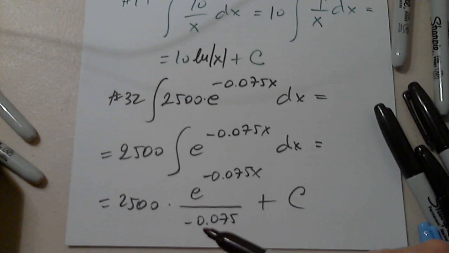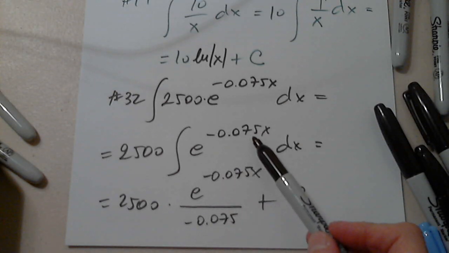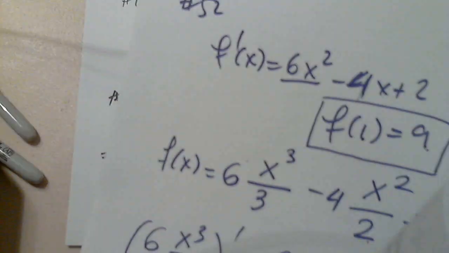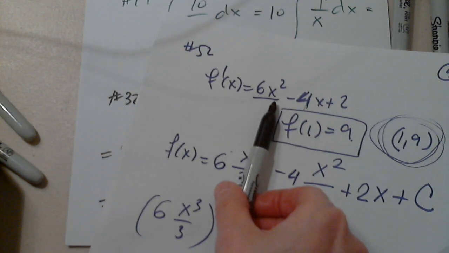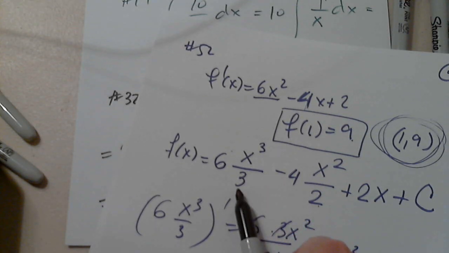Because this is not a power rule. This is the rule for exponentials. The rule for exponentials is not the same as the power rule for polynomials. This is not an exponential, this is a polynomial. I increase the power by 1 and I divide by the same number.